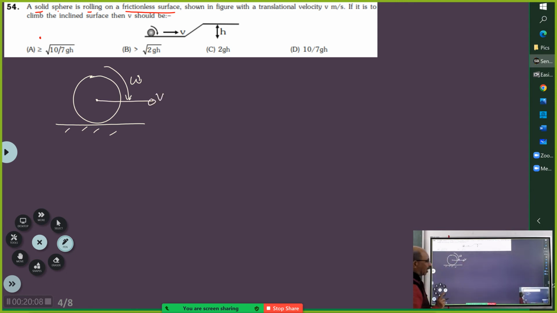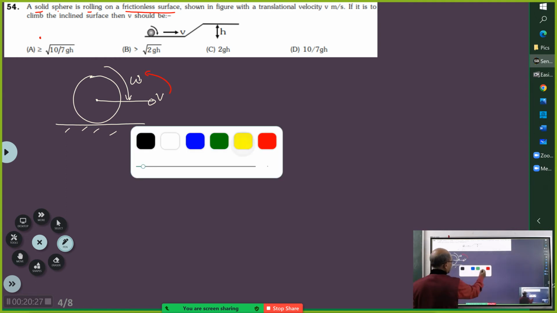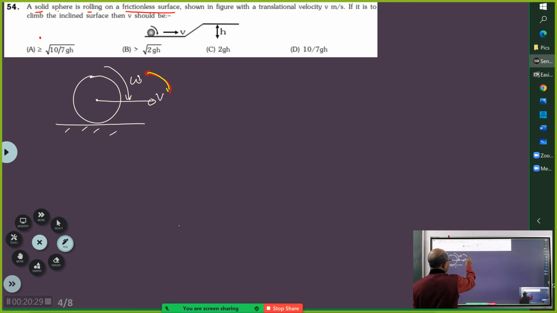Now, in this case, it is not rolling without slipping. Rolling without slipping is when, as it rolls, there is a relation between these two. Only then these two will get related. Otherwise, translation motion is separate, rolling motion is separate. It keeps omega.